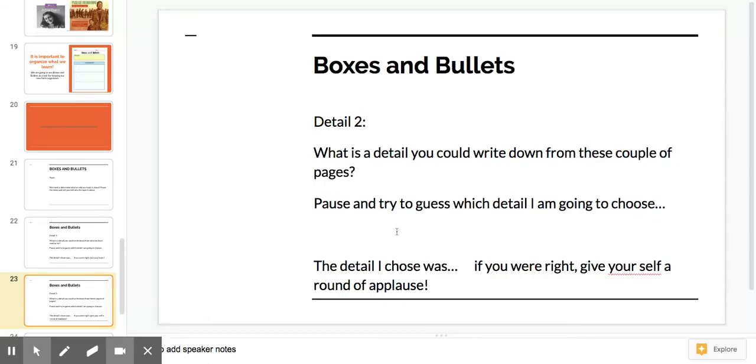So, what detail did you think I was going to choose? I am going to write for mine that Anne Frank's family was Jewish and had to hide, and that she kept a diary. So if you were right, give yourself a round of applause. And we're going to go back and put that into our document.